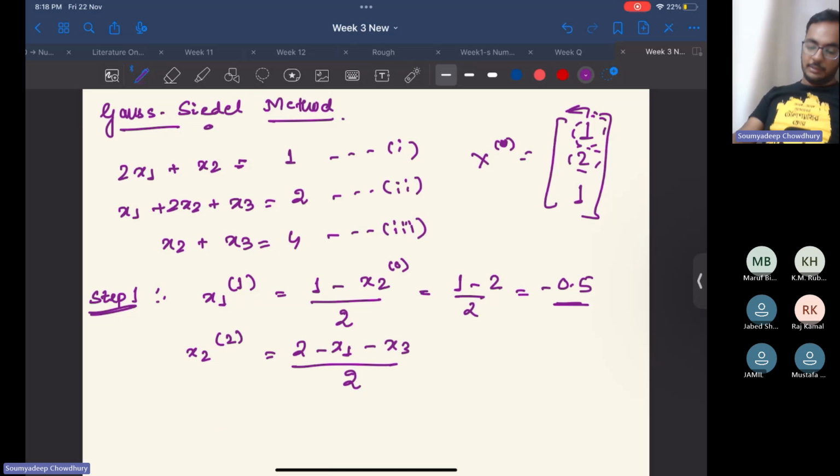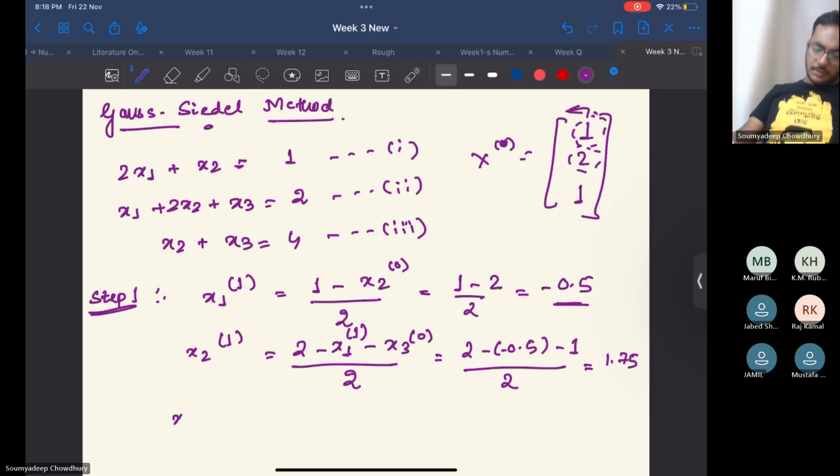So we will use minus 0.5 here. However, for x3 we don't have the updated value, so we will use the previous value only. So it is (2 minus 0.5 minus 1) by 2. Is it clear?